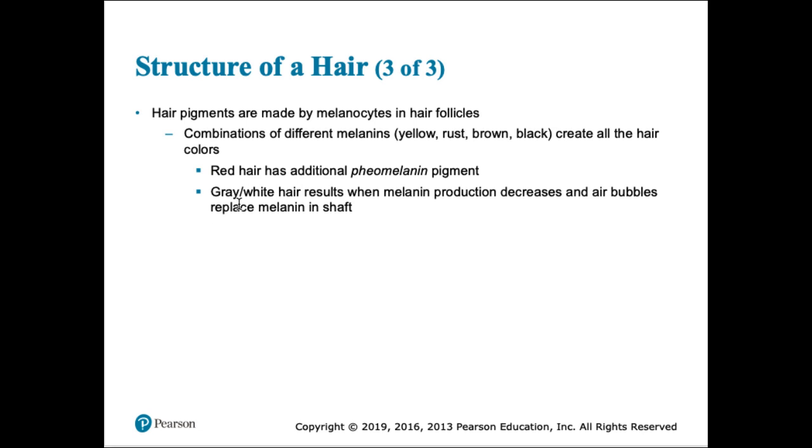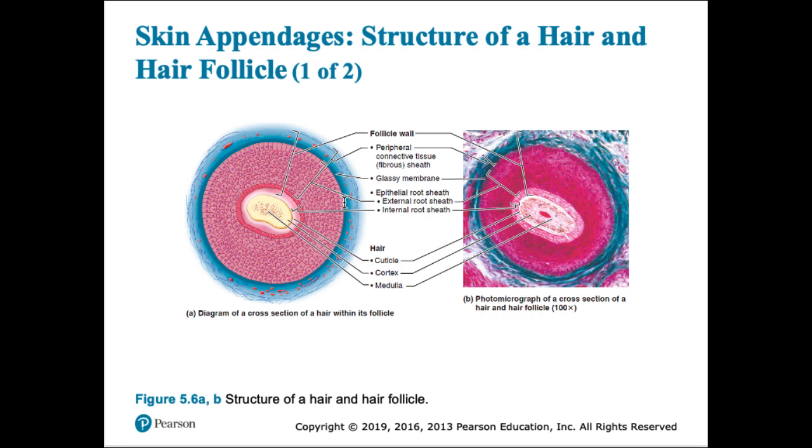Gray and white hair results when the melanin production decreases and little air bubbles sort of replace the melanin in the shaft, and it creates this gray-white look. So red hair and gray hair are sort of abnormal, and I don't want to say abnormal in a bad way, but different from those typical melanins that we see in other hair colors.